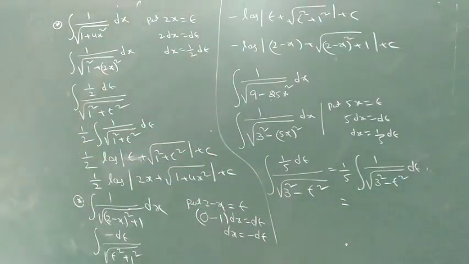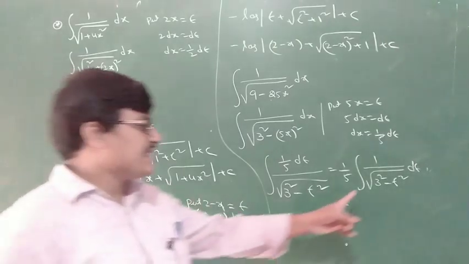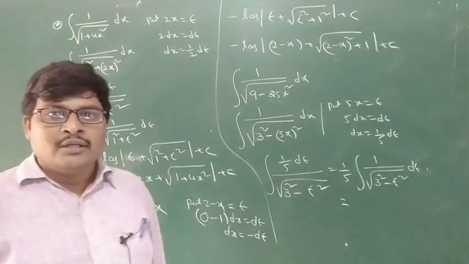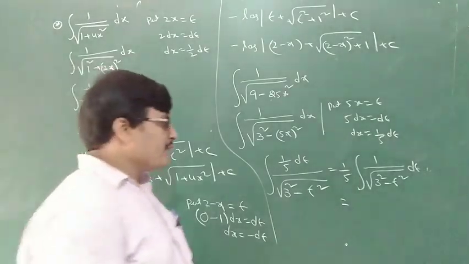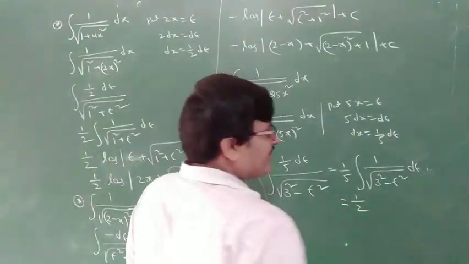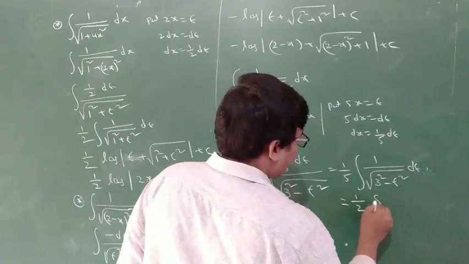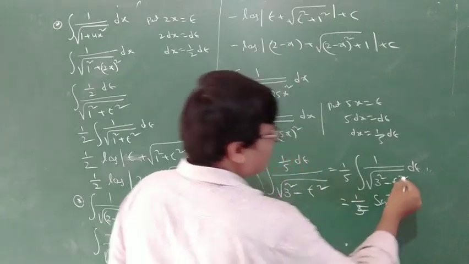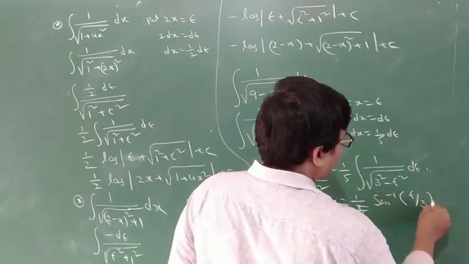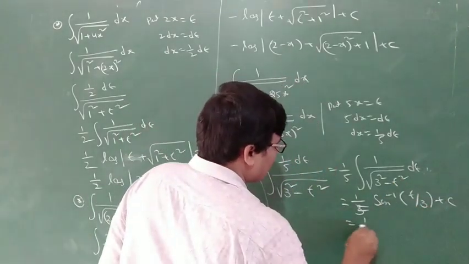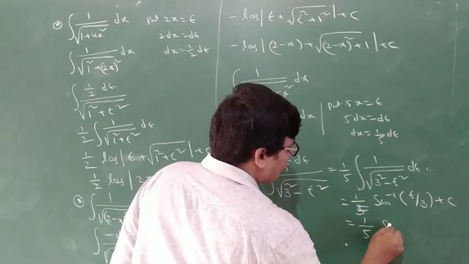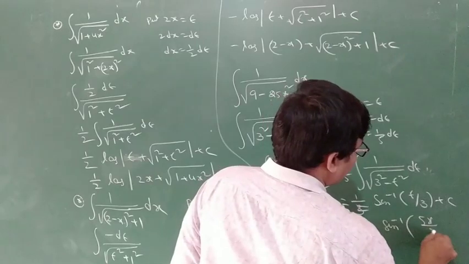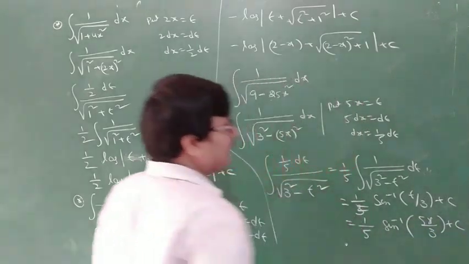Integral 1 by root of a square minus x square is equal to sin inverse of x by a. So 1 by 5 into sin inverse of t by a, where a is equal to 3, plus c. That is equal to 1 by 5 into sin inverse of 5x by 3 plus c.